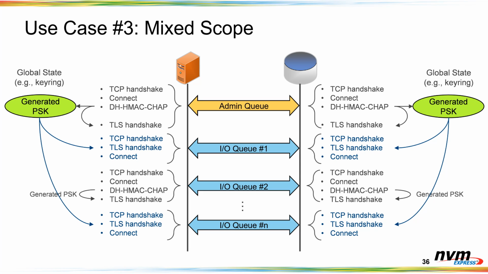In most of the IO queues, I can use the global generated PSK, and for IO queue 2, for some reason, I would like to do TLS concatenation, so I generate its own PSK. At the beginning, we can think that all these things could be possible. We did not connect the fact that each of these PSKs, to be able to be reused across more than one queue, required a unique identity for the TLS protocol to work.